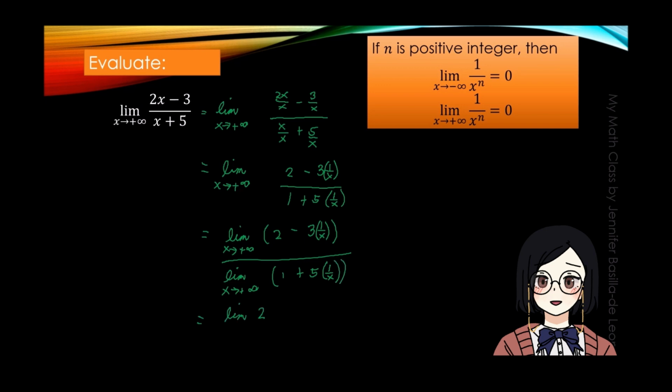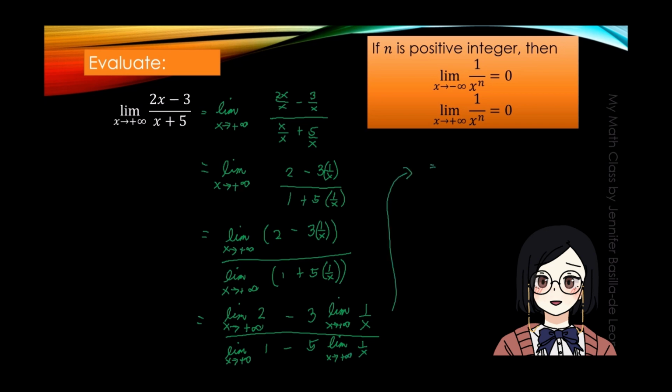Then we apply the law for sum and difference of functions. So we will have the limit of 2 as x approaches positive infinity minus 3 times the limit of 1 over x as x approaches positive infinity, all over the limit of 1 as x approaches positive infinity plus 5 times the limit of 1 over x as x approaches positive infinity.